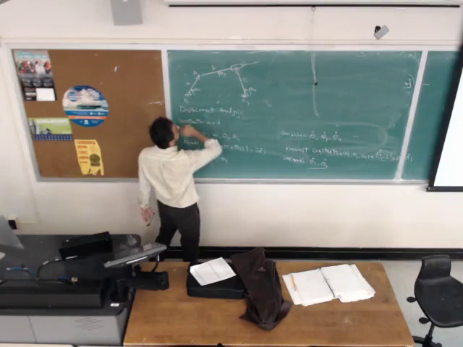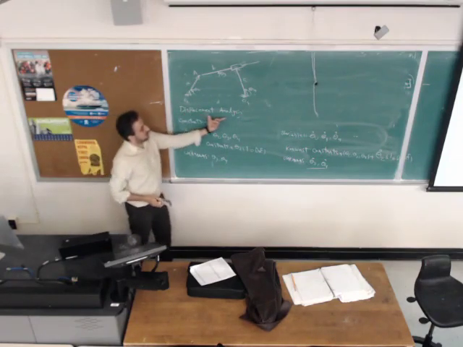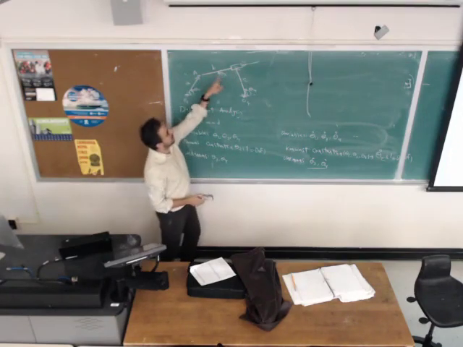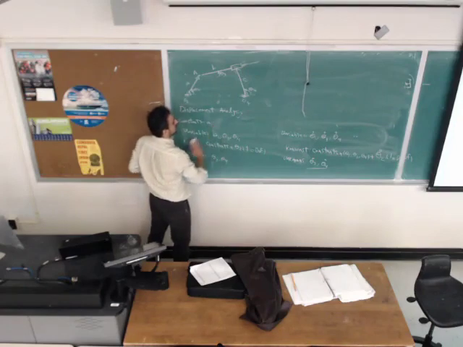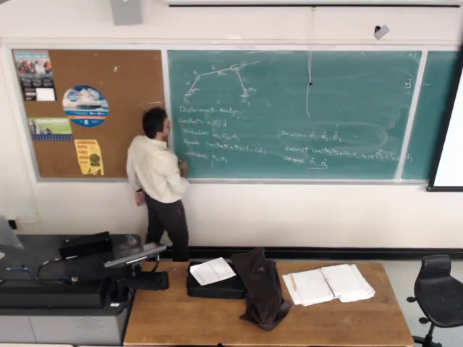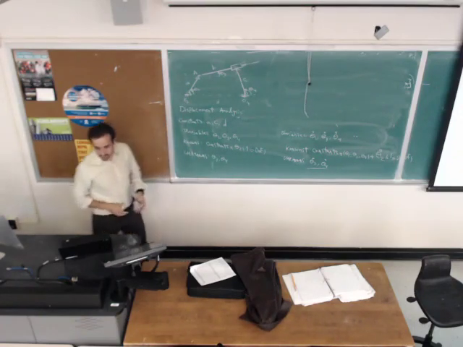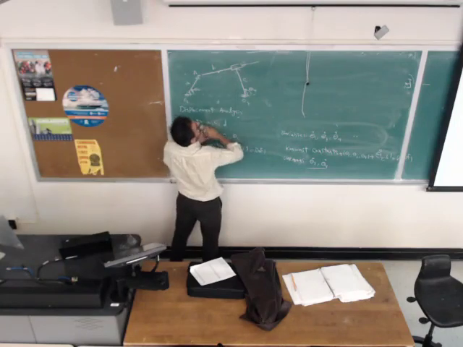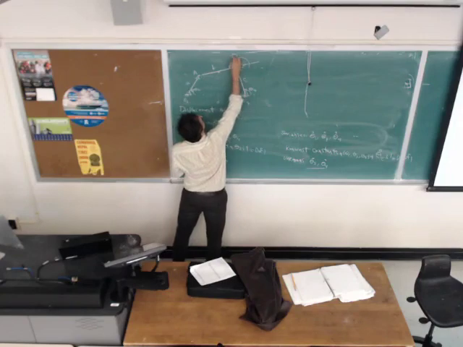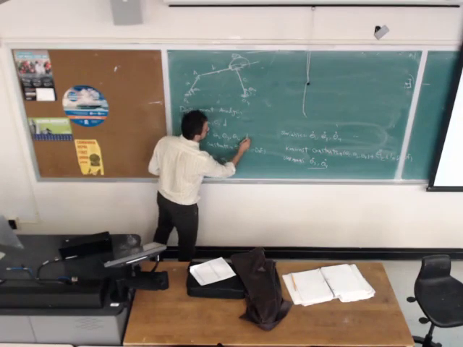A, B, C, and D. For displacement analysis, the constants are A, C, and D, but B is not constant because B is changing. This length is constant, this length is constant. The variables are theta 2, theta 3. We measure theta 3 at this end. Theta 2, theta 3, theta 4, and beta.